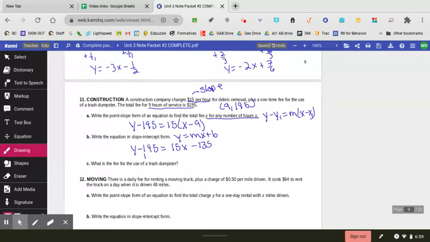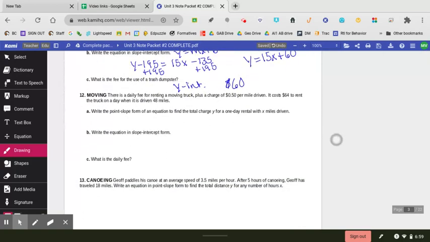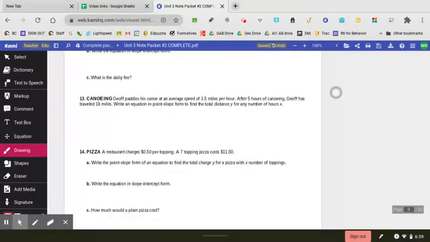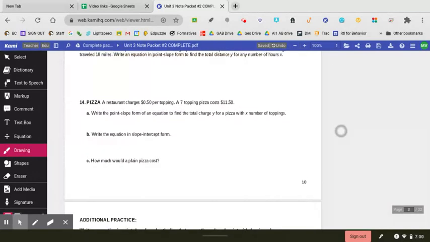We add the 195 to both sides, and we get y equals 15x plus 60. What's the fee for the trash dumpster? Well, that fee is an additional fee, or our y-intercept. And now that it's in y equals mx plus b form, I can see that that's $60. So I want you to pause and try number 12, 13, and 14, and come back and check your answers.